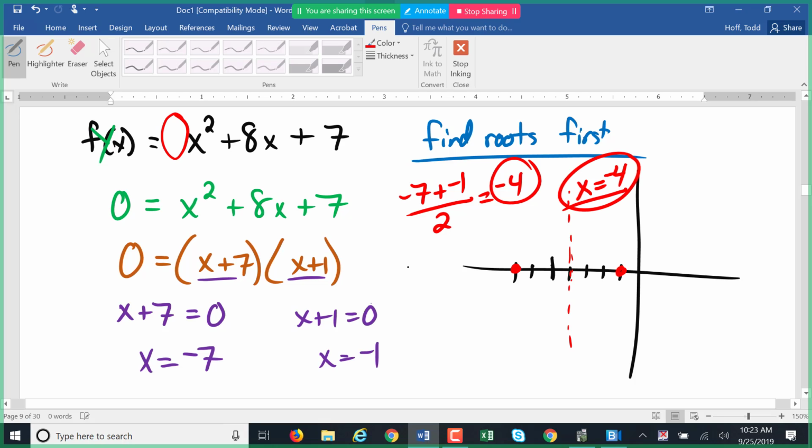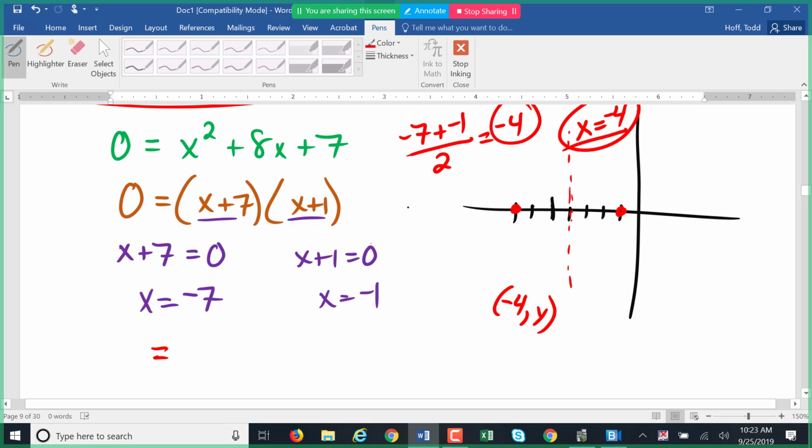And my vertex has an x coordinate of negative 4. So I just have to figure out what y is. I can go back to my original equation and put negative 4 in there. f of x equals negative 4 squared plus 8 times negative 4 plus 7.